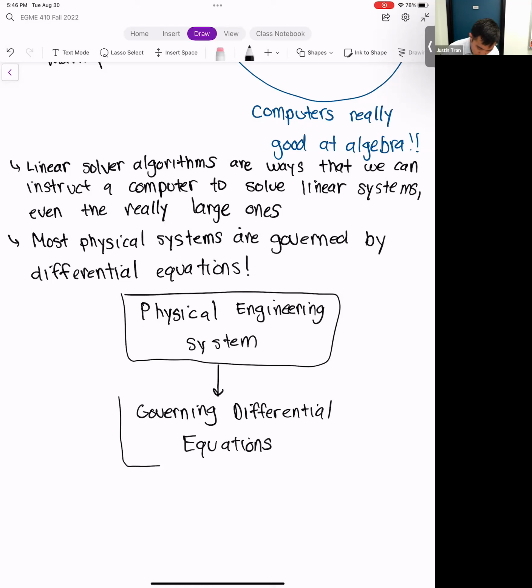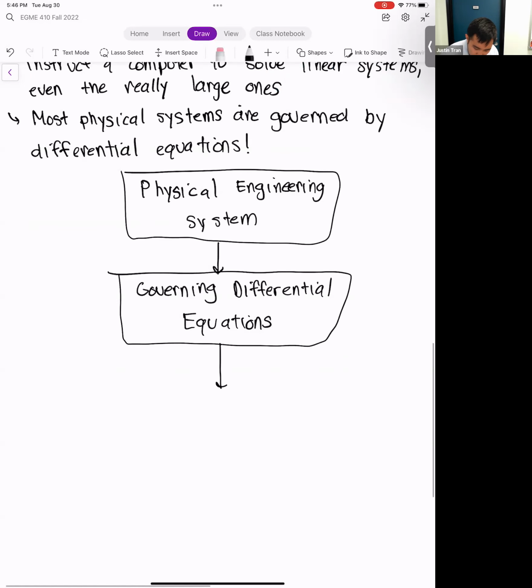From here, we can use FEA to get a system of algebraic equations.